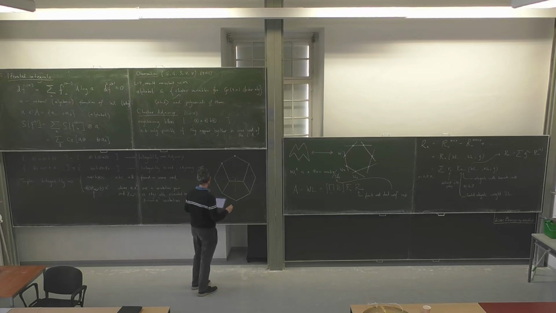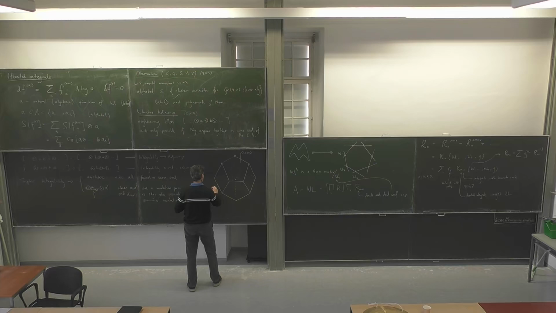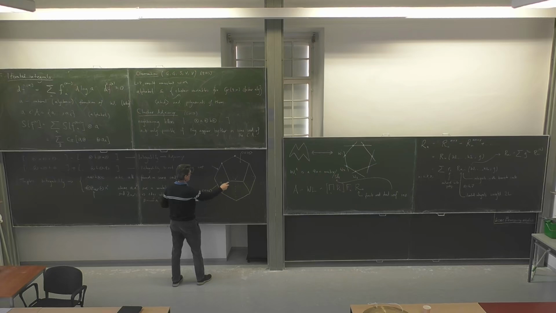All right, I even got an example. So this face, for example, I could label by 1, 2, 3, 5. It's a minor. This face here, label by 1, 2, 4, 6. And this edge, which takes us between these two faces, is the same variable for each edge, because it connects the same two faces. It would be this homogeneous ratio, 1 2 3 4 times 1 2 5 6 over 1 2 3 6 times 1 2 4 5.